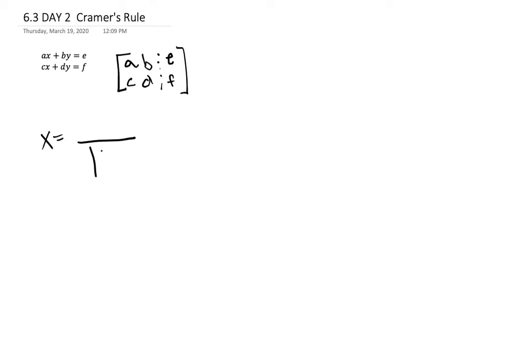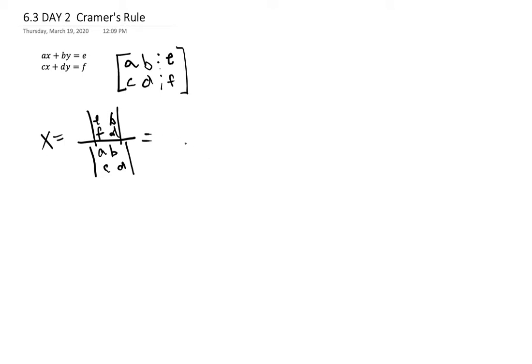So I'm going to just set it up like this: a, b, c, d. And then the numerator part of x will be the determinant of the a, b, c, d, but the a and c, your x's in a sense, are replaced by e and f. So you have e, f, b, d.